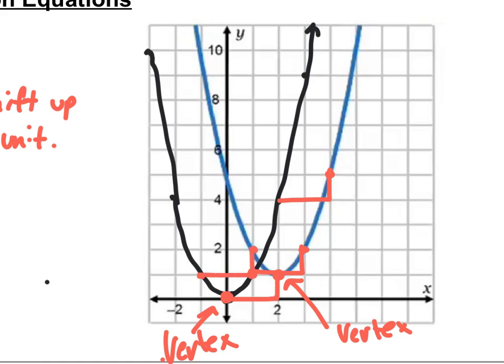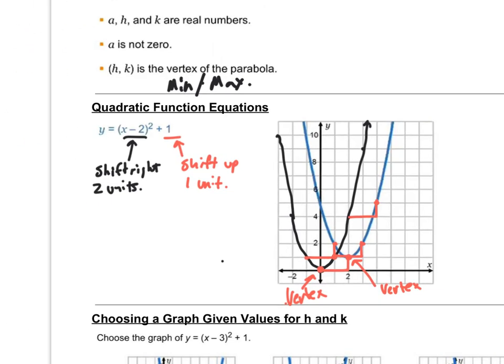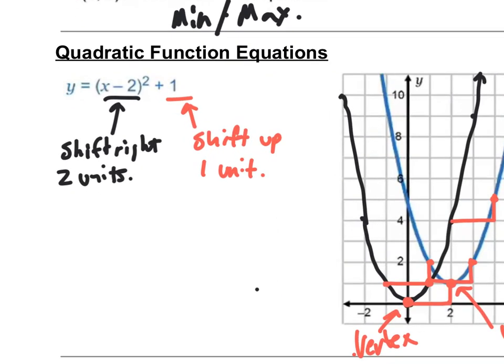And so that's the idea, that you want to be able to look at a graph or an equation and say, all right, I have a vertex at the point 2, 1. When I look at this equation again, remember the vertex is of the form (h, k).